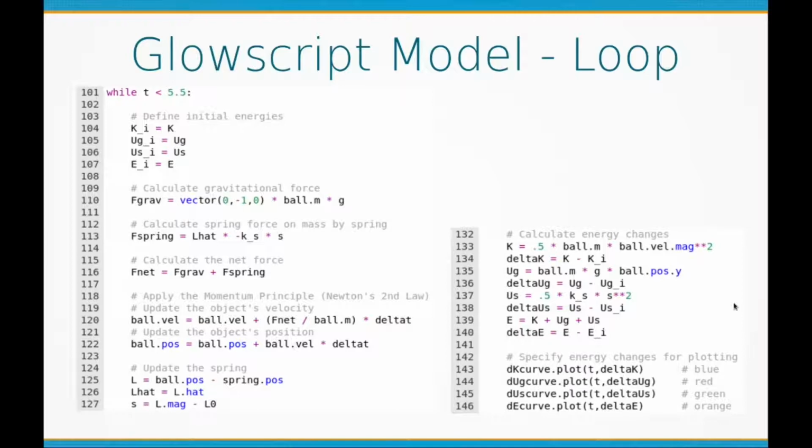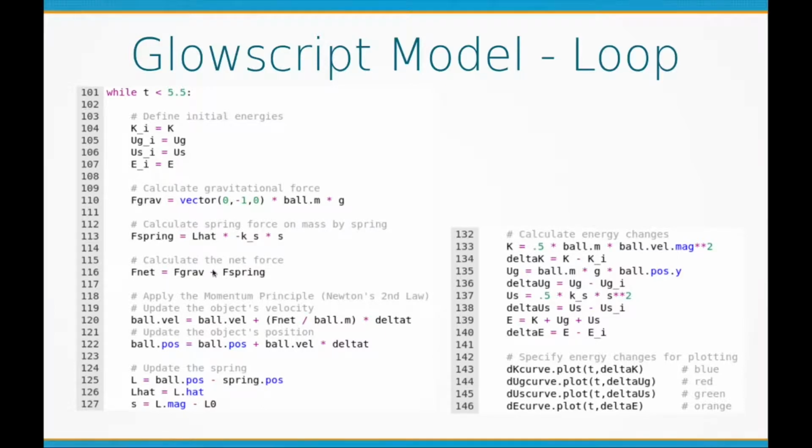And when we do the calculation loop, we basically cache all of our energies. That way we can compare, once we calculate the new energies, to find the deltas for each one. And then we calculate the force of gravity acting on our weight, and the force of the spring acting on our weight. We sum them to get the net force, and then we integrate that force into velocity, and integrate that velocity into position.